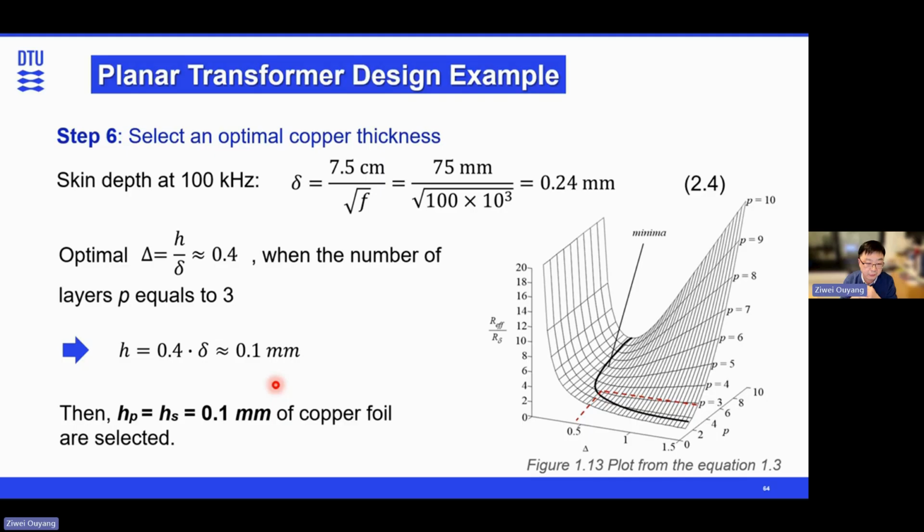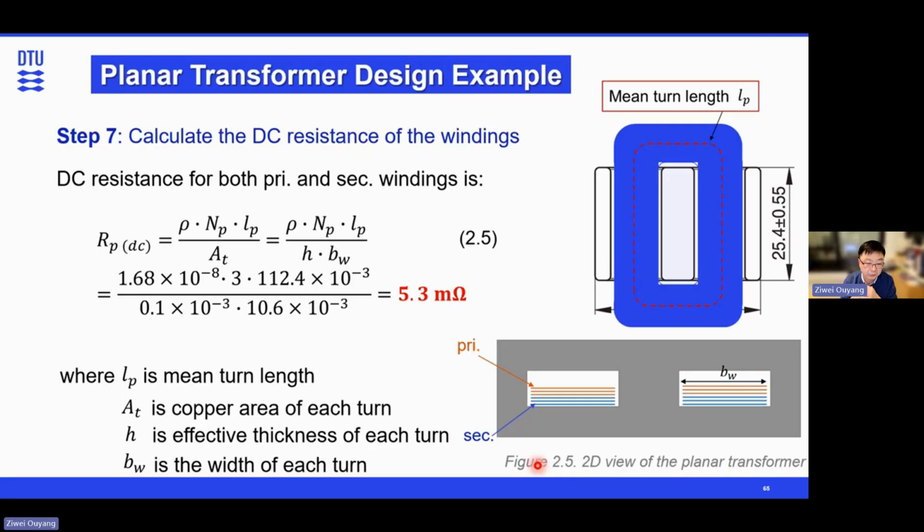The next step is to draw the 2D view of the planar transformer. So we have this 2D cross section. We have 3 turns, 3 layers of primary windings, 3 layers of secondary windings. And from the top view, we have the mean turn length for each of the windings, and then we can calculate our DC resistance.